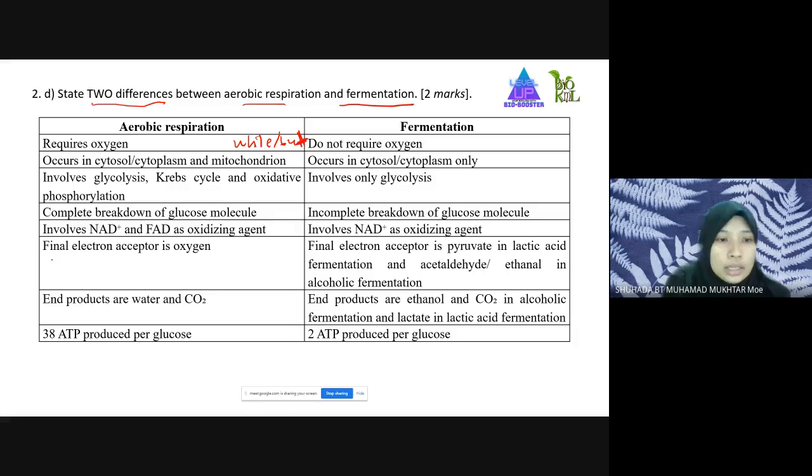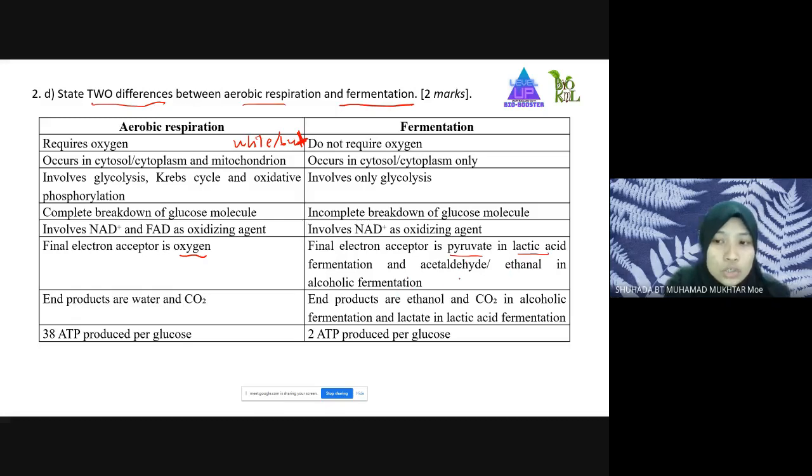Okay, difference lain ialah in term of final electron receptor. So aerobic respiration final electron receptor is oxygen, while in fermentation final electron receptor is pyruvate in lactic acid fermentation and acetaldehyde or ethanol in alcoholic fermentation.